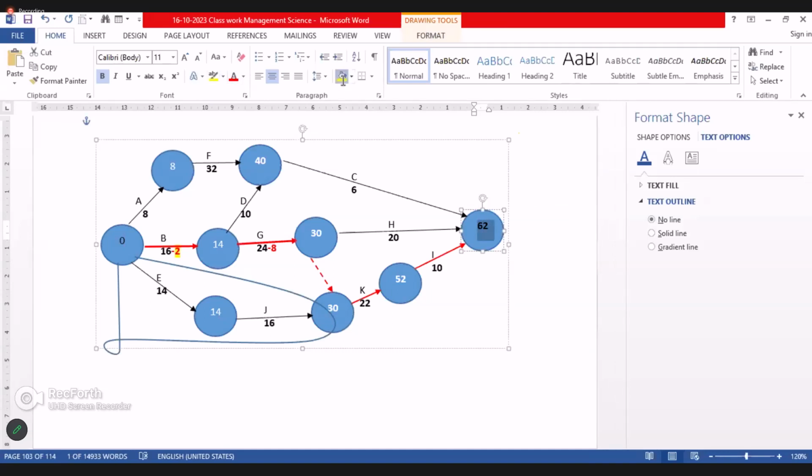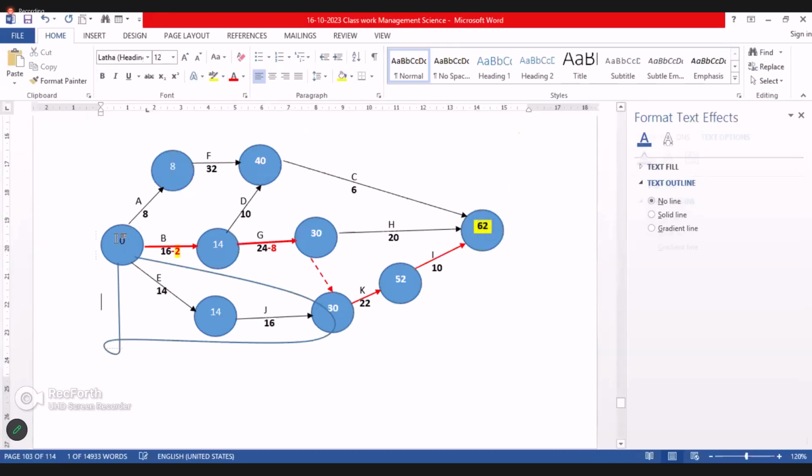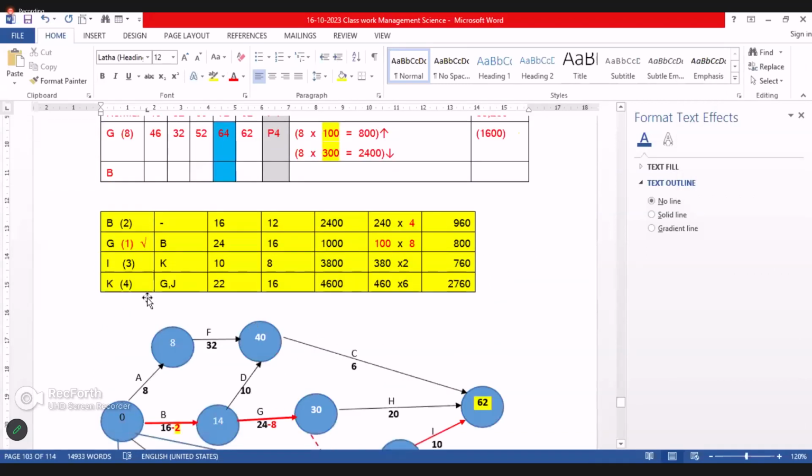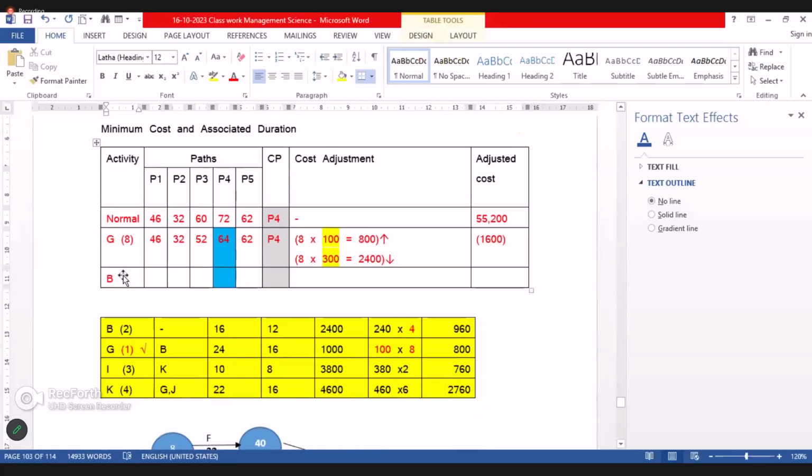Why are we not making all 4 days in B, only 2 days possible? Because a critical path cannot become a non-critical path. Last class also I said a critical path cannot become a non-critical path. So we have to maintain the status of the critical path, and adjust accordingly. So B only we can make 2 days.